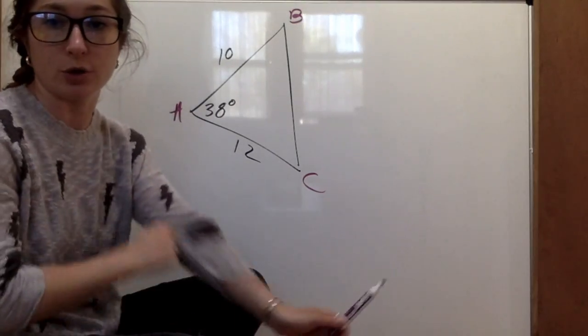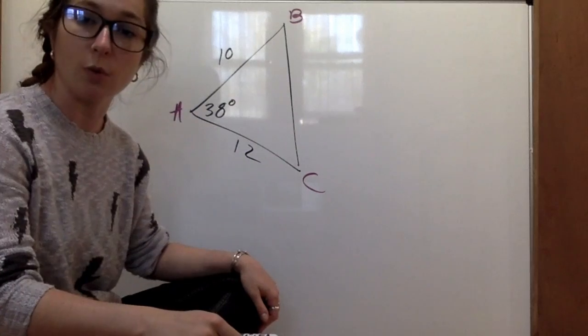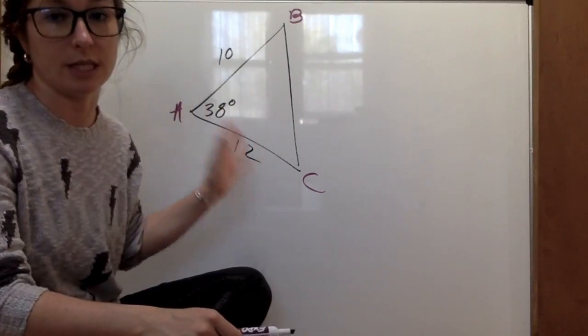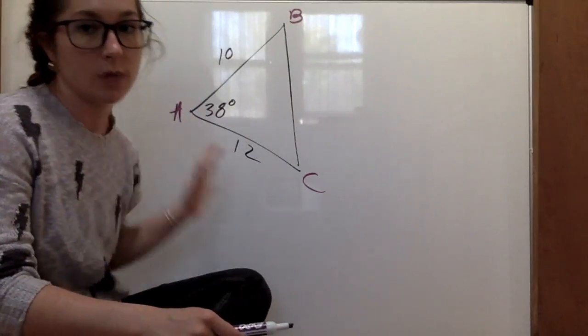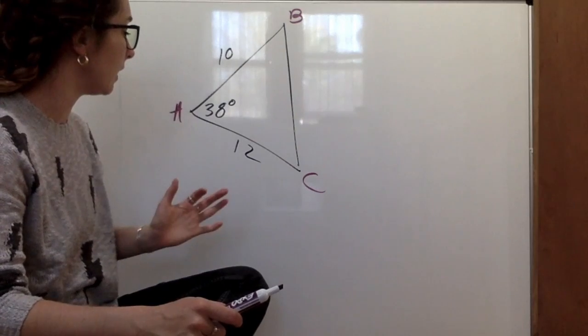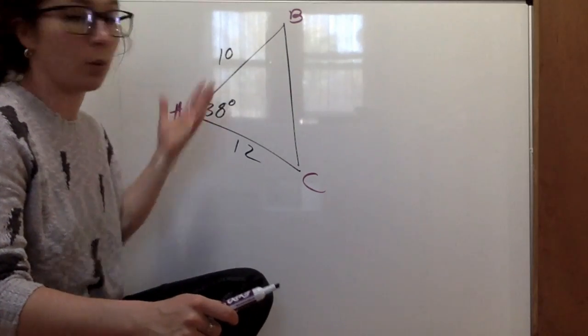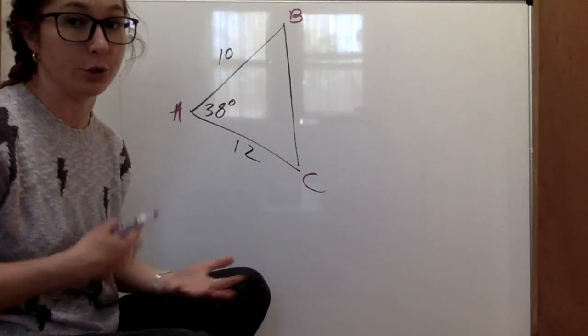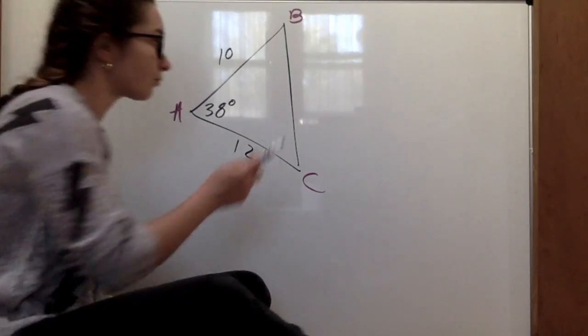It's arbitrary which one's which. You can call them whatever you want, but it is really good to label them and then to keep track of which one you labeled as which, right? Because depending on what information you have, it will impact what law of cosines you're going to do. There's going to be three different versions.